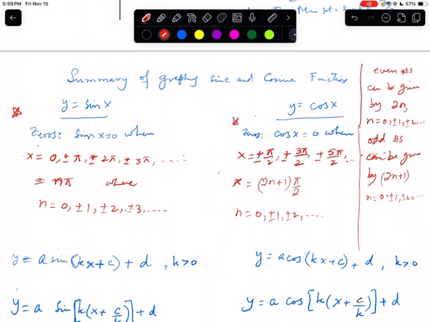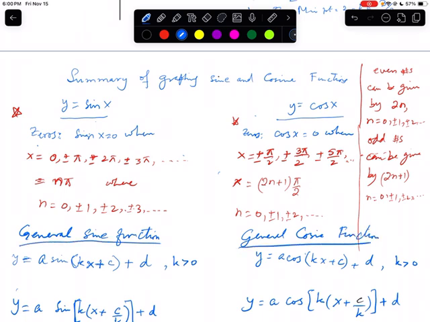Okay, now the general sine function, and similarly the general cosine function. This is the most general form of the sine function. You will see a times sine of (kx plus c) plus d.